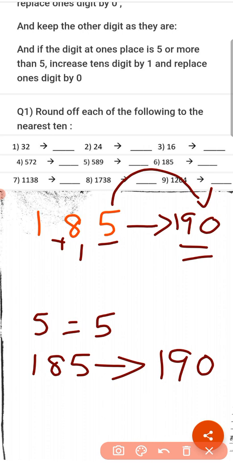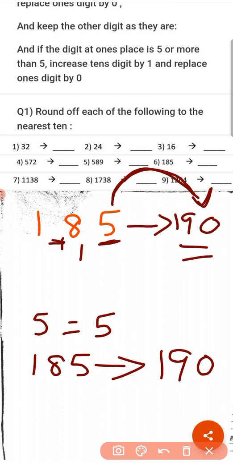So children, here first we check the digit at the ones place, which is 5. 5 is equal to 5. If the digit at ones place is 5 or more than 5, replace ones digit by 0. Ones digit ne 0 ആക്കി മാറ്റുക. Then we need to add 1 to the digit at the tens place.